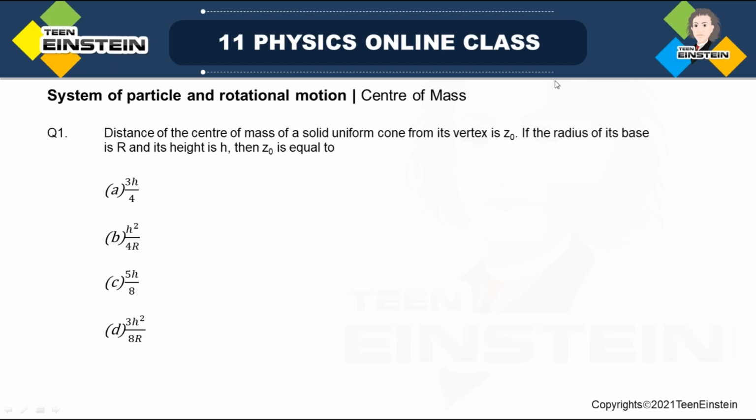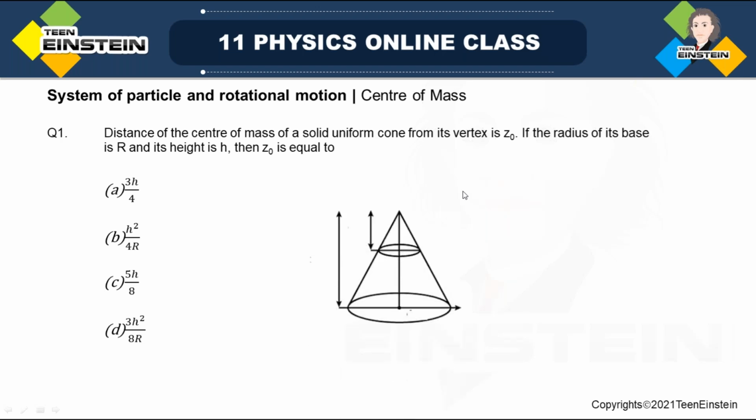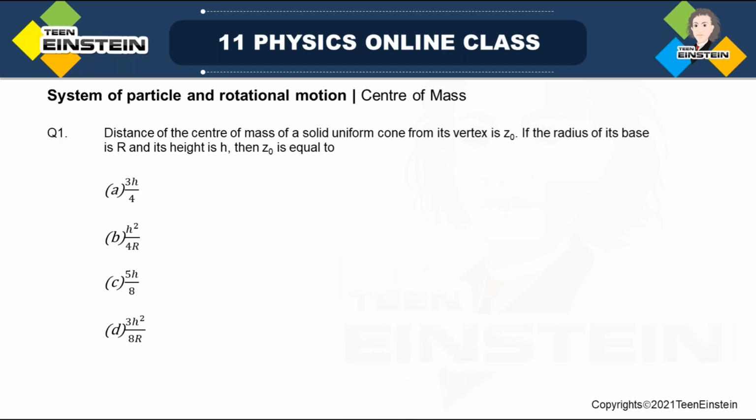When we have an extended object, we can also apply the laws of motion given by Newton, and that can be done only when we define a center of mass, where center of mass means a point where the whole mass of the object is concentrated.